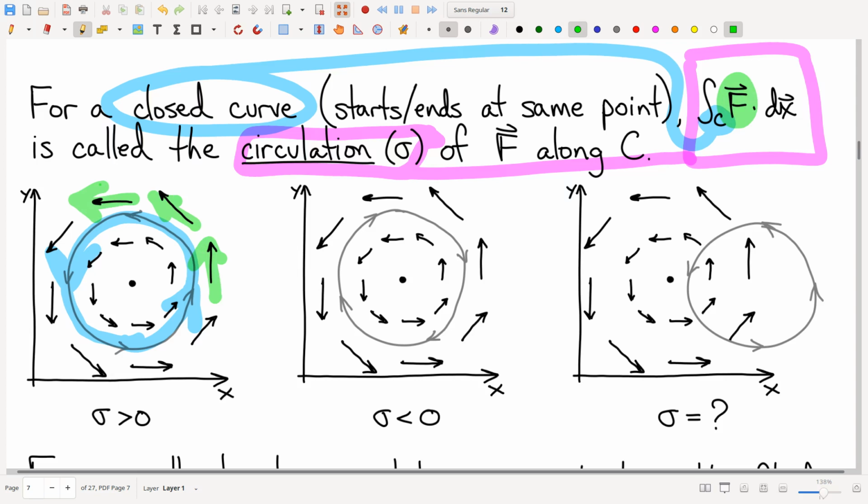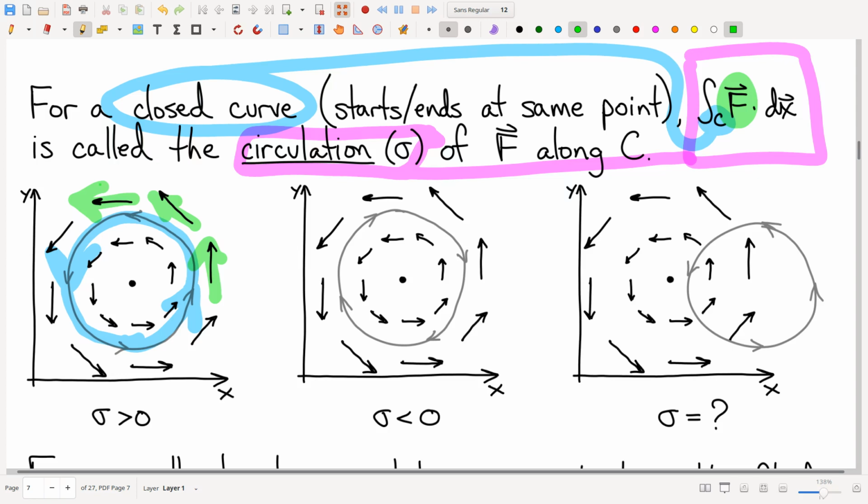And now let's just look at it. Let's look at this little piece of curve right here. Along this little piece of curve, the curve is going this way. The fluid is going the same way. Looking at this one little section here, the fluid really is flowing along the curve. And you can ask that same question about every little piece of the curve, and the fluid is flowing positively along the curve all the way around.